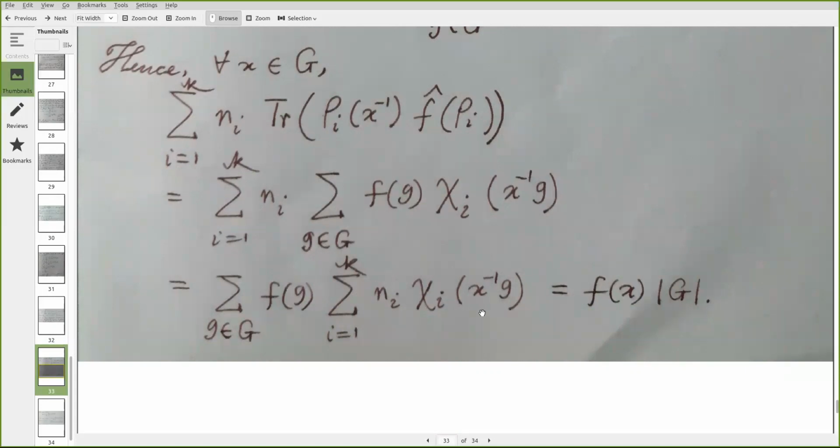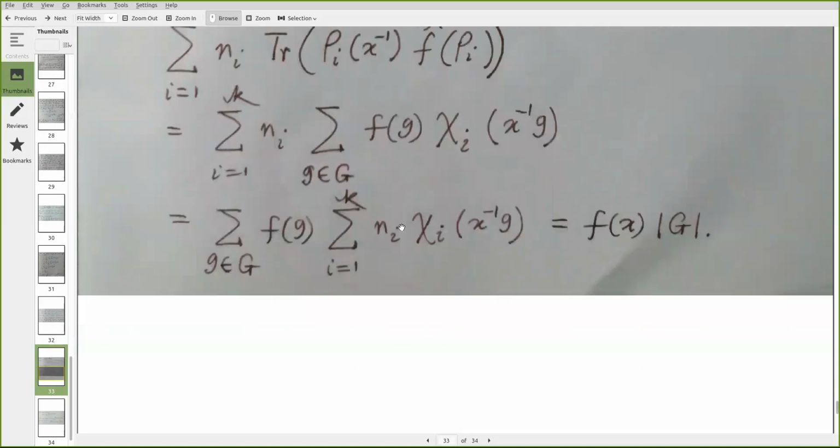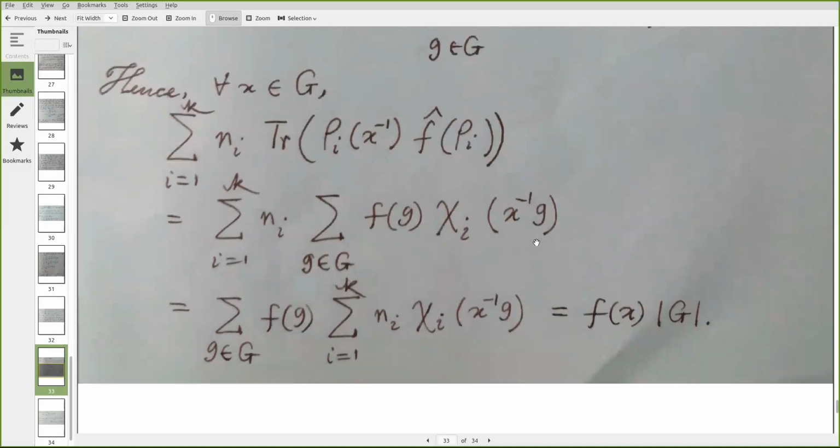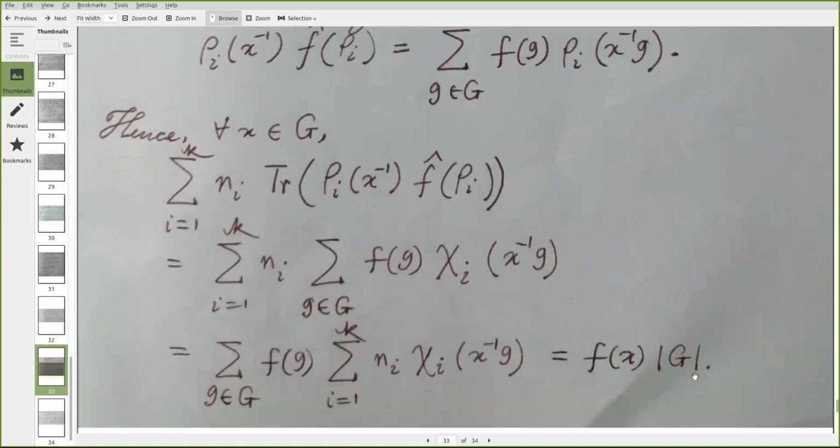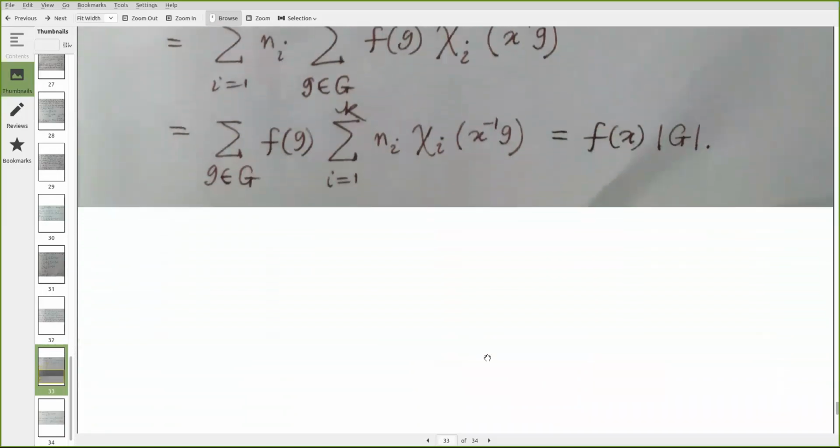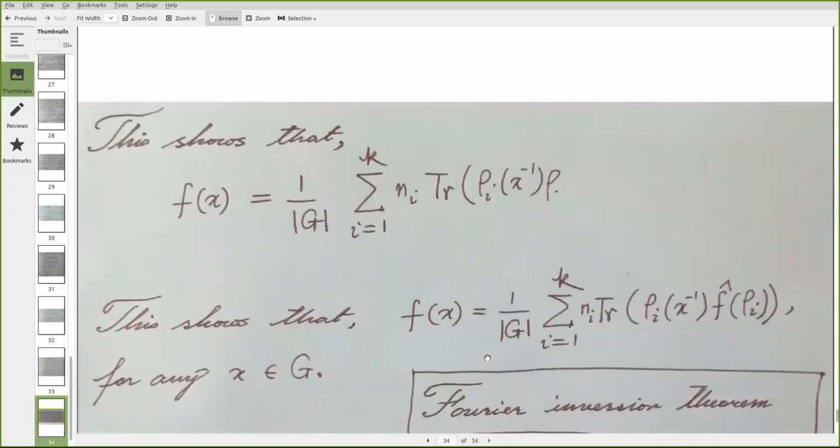When g is exactly equal to x, only then this sum will survive. Otherwise, everything will be 0. So that gives us f x times, because when g is x, this will be n i times n i, the summation of n i square, which is the order of G. So this becomes f x times this. And now once we divide both sides by the order of G, we get the following.